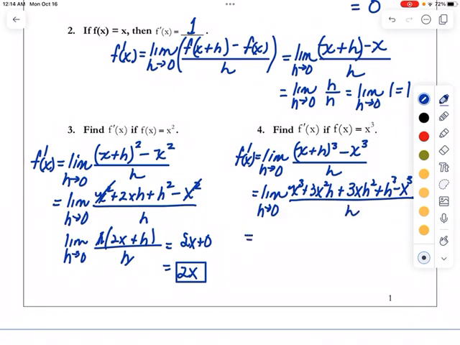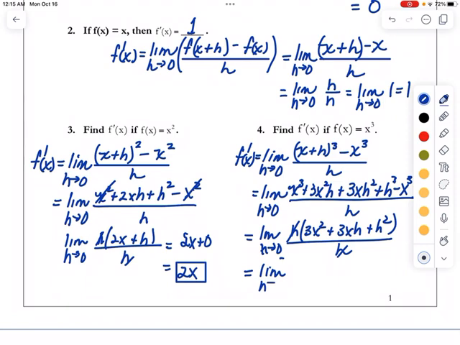Remember, the x cubes are going to cancel, and you get the limit as h approaches 0 of, factoring an h out, 3x squared plus 3xh plus h squared, over h. Cancel the h's, and then you get the limit as h approaches 0 of 3x squared plus 3xh plus h squared. Actually, we could just go ahead and take the limit then, if you like.